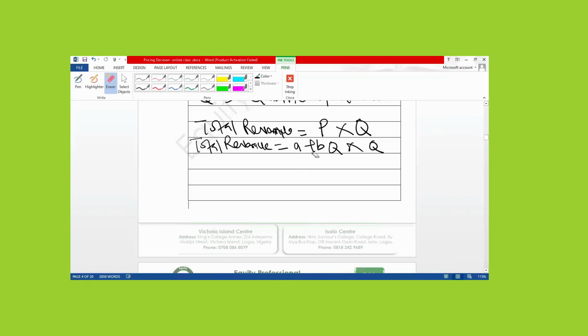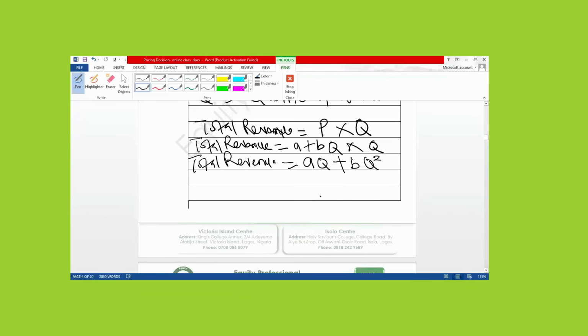By substitution, I can also say my total revenue is equal to Q multiplied by AQ, Q multiplied by BQ, BQ squared.